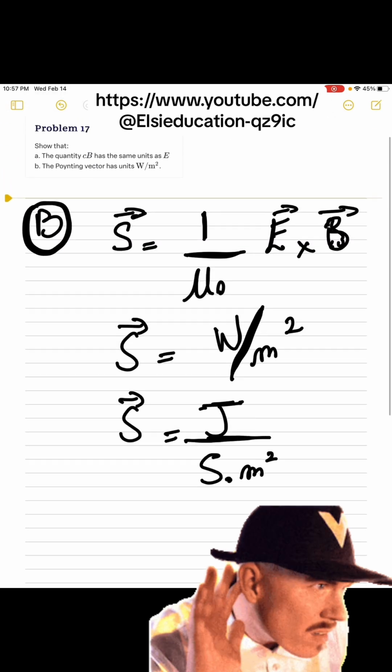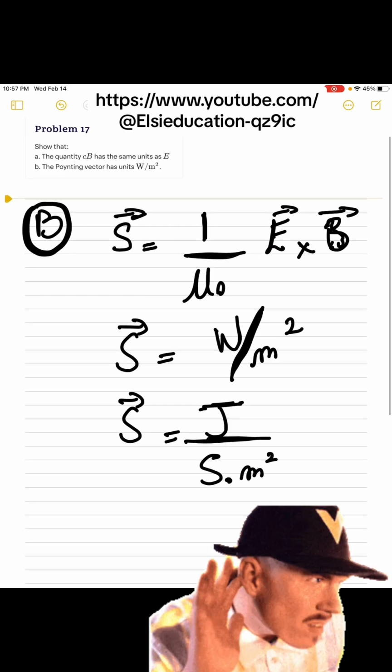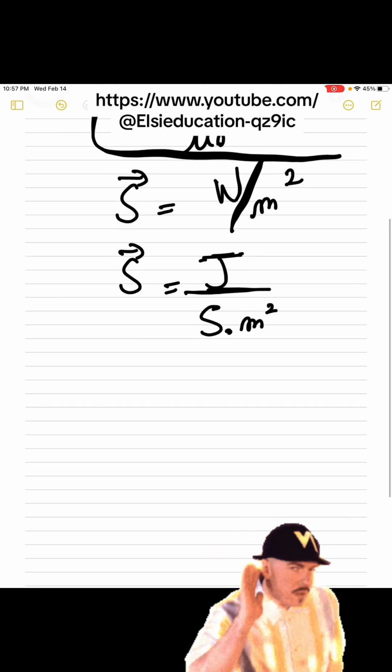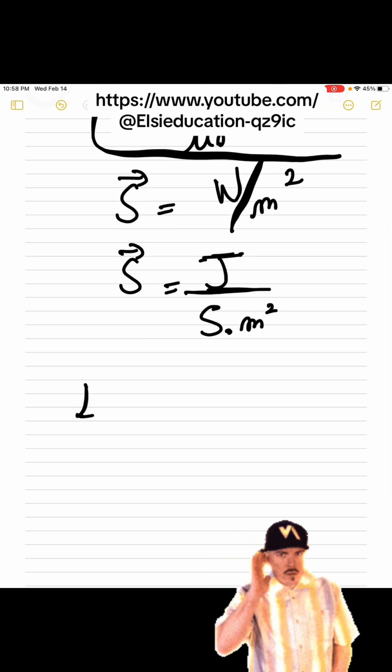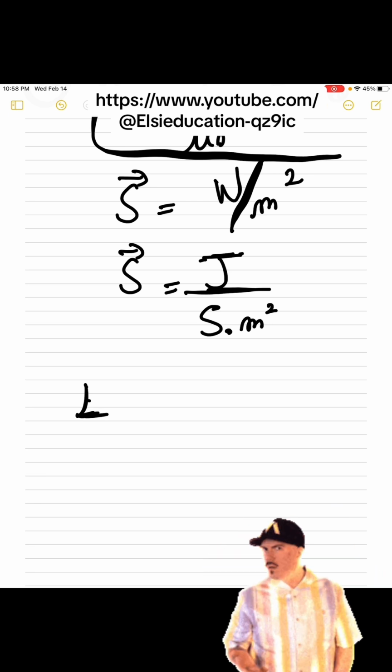First thing first, what do we have in this formula here? We have the electric field and the magnetic field. So what is the unit of the electric field?